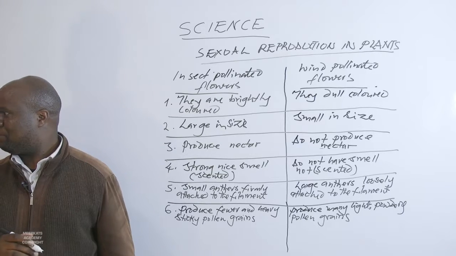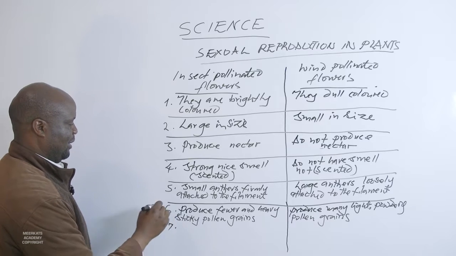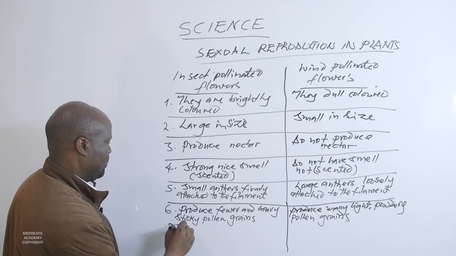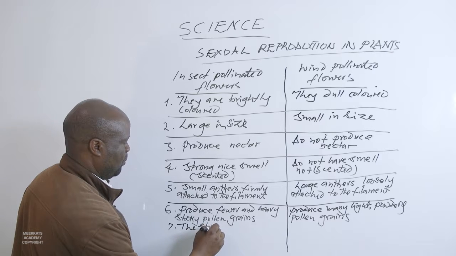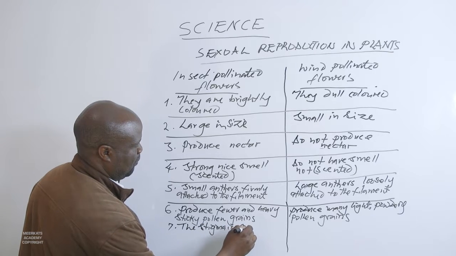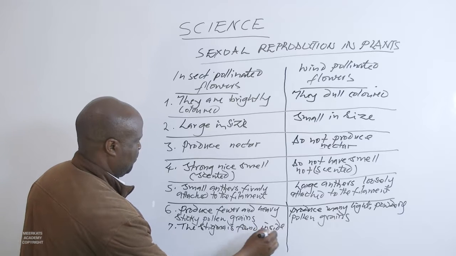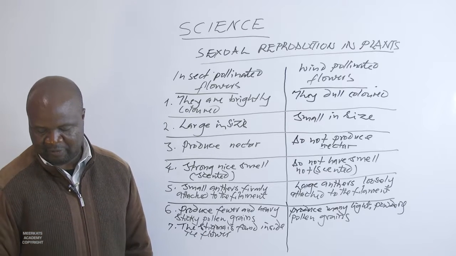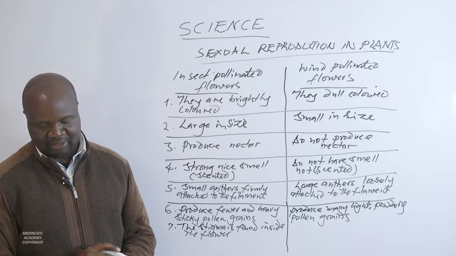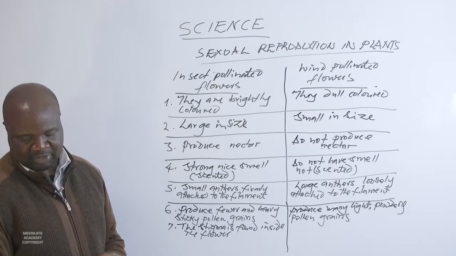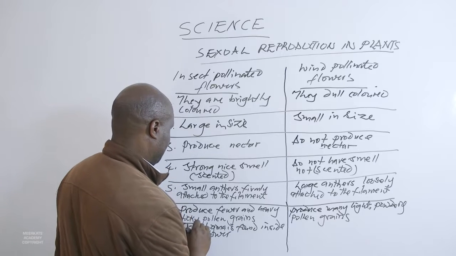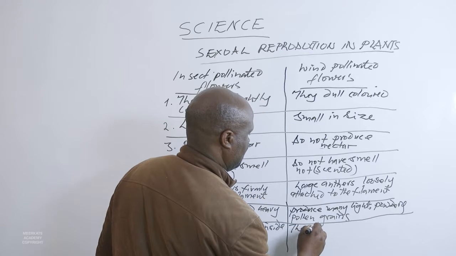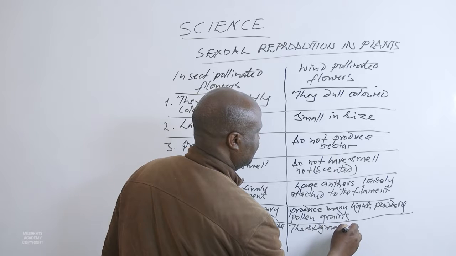Then we have the seventh characteristic. In insect-pollinated flowers the stigma is found inside the flower, while on the other end the stigma hangs outside the flower.